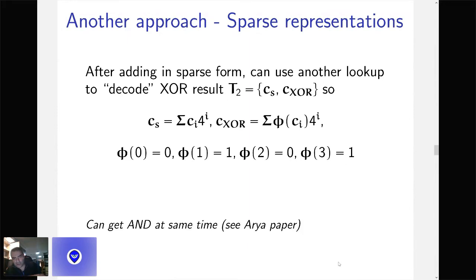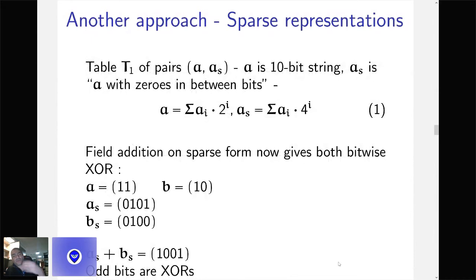And also a nice exercise is that this sort of thing gives us the XORs and bitwise ANDs at the same time, because the odd bits are the bitwise XORs, but the even bits are going to be the bitwise AND. Because if you have 1 and 1, that's exactly when a 1 is going to be carried to the even bit.